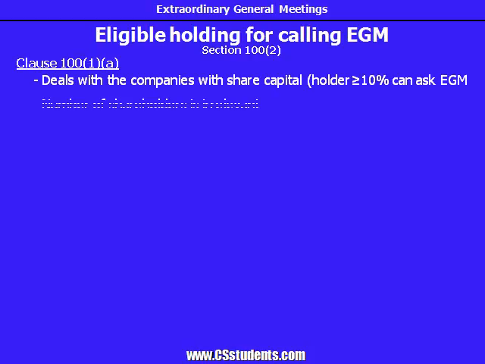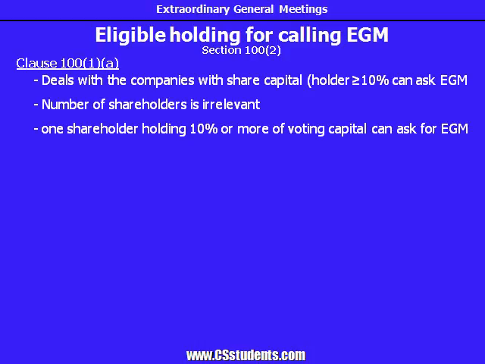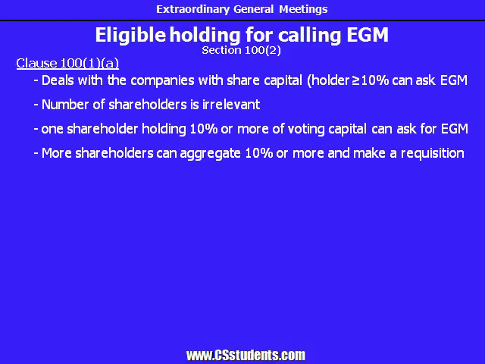So the number of shareholders is irrelevant. If one shareholder is holding 10% or more of the voting share capital of the company, he alone can ask for an extraordinary general meeting. More shareholders can also come together to aggregate 10% or more voting share capital and make a requisition.